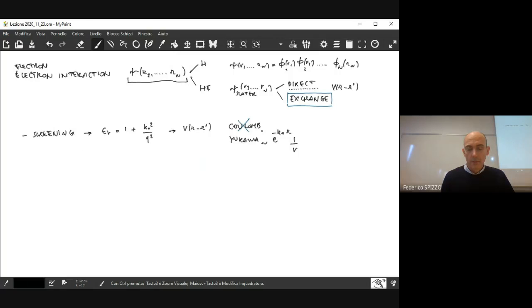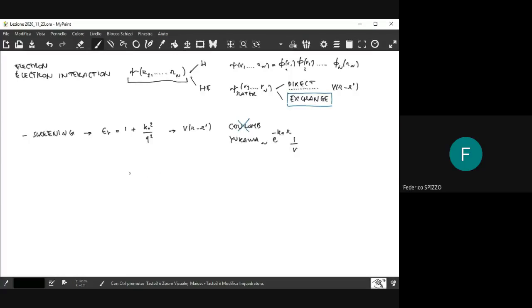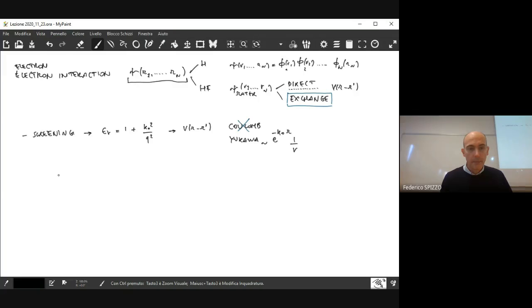But due to this strong reduction of the effect of a modification, let's say, of the potential that the electrons feel in the system, the effect of a surface is limited to, let's say, a few nanometers close to the surface. Then we may suppose that the bulk solid is infinite from the point of view of the discussion of the properties, because the electrons that are within the solid do not feel the effect of the external surface of the solid itself.